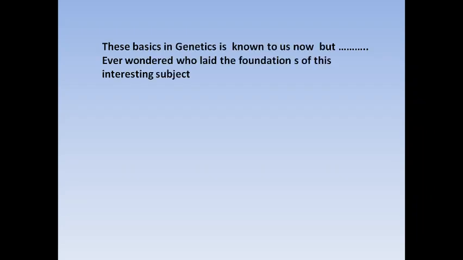So we have just discussed that genetics is a branch of biology that deals with the study of heredity and variation, and these are the basics of genetics known to us now. But have you ever wondered who laid the foundations of this interesting subject?